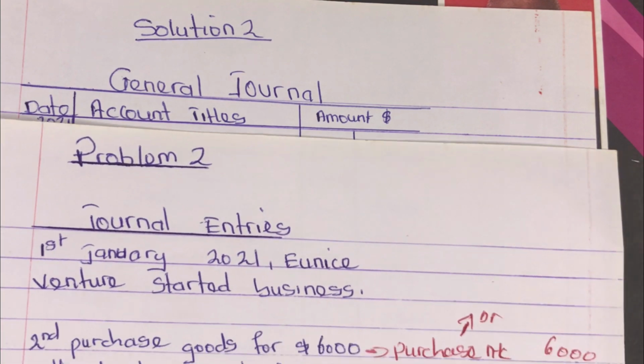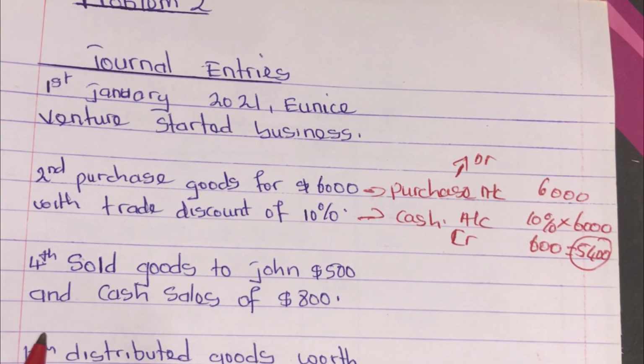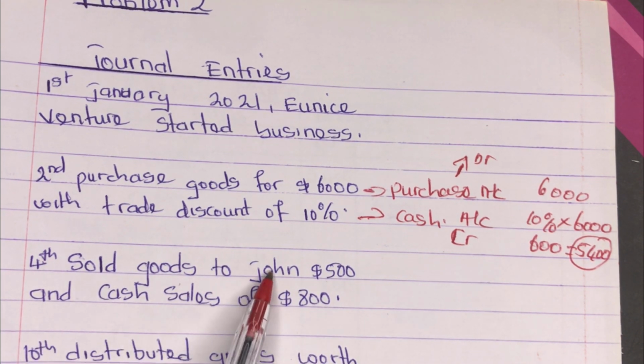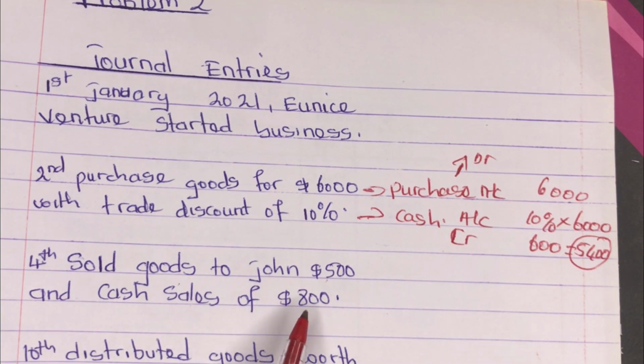So let's move to the second transaction. The second transaction says sold goods to John $500 and cash sales of $800.